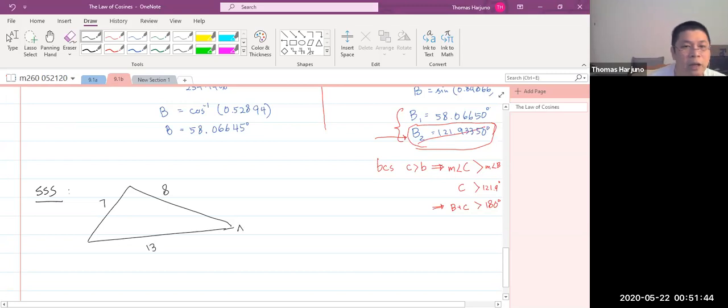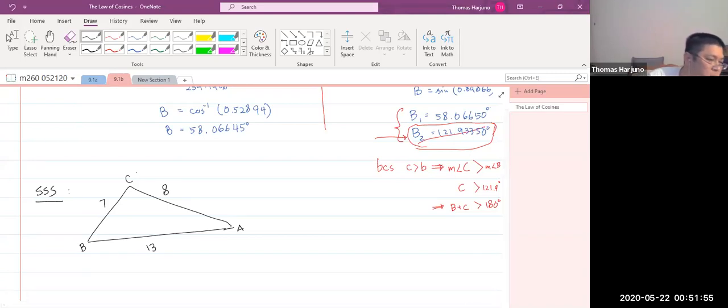Let's call this angle A, angle B here, and angle C. Now, according to this picture, which angle is the smallest? Angle A. And the largest angle is? C. Angle C for cat, right?